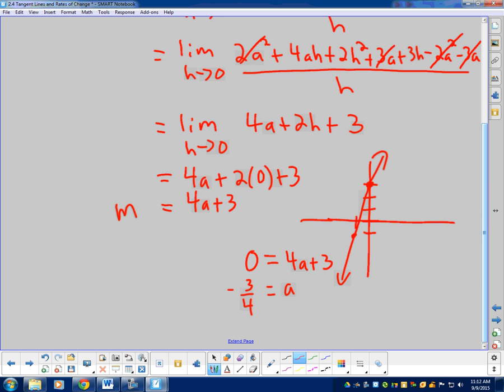So what can you tell me? Let's break this into 3 pieces, right? m is negative for what values of a? When a is less than negative 3/4, right?